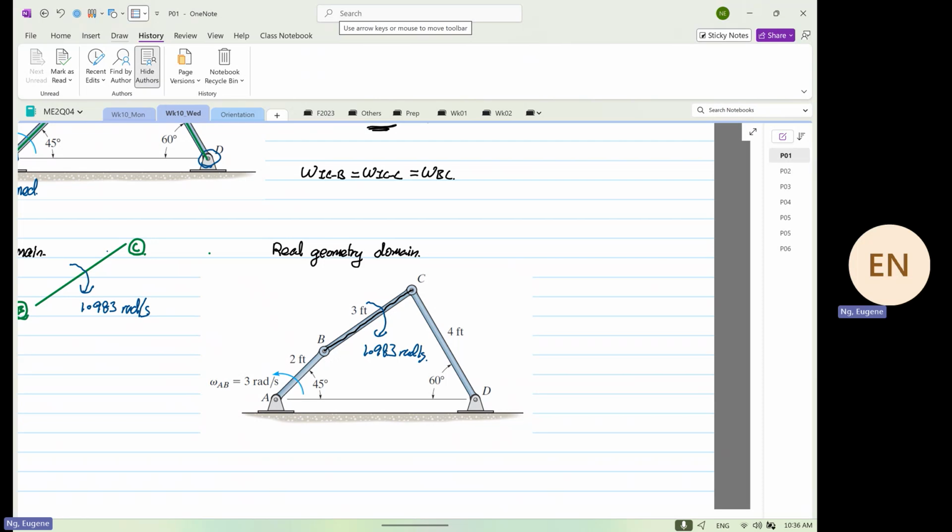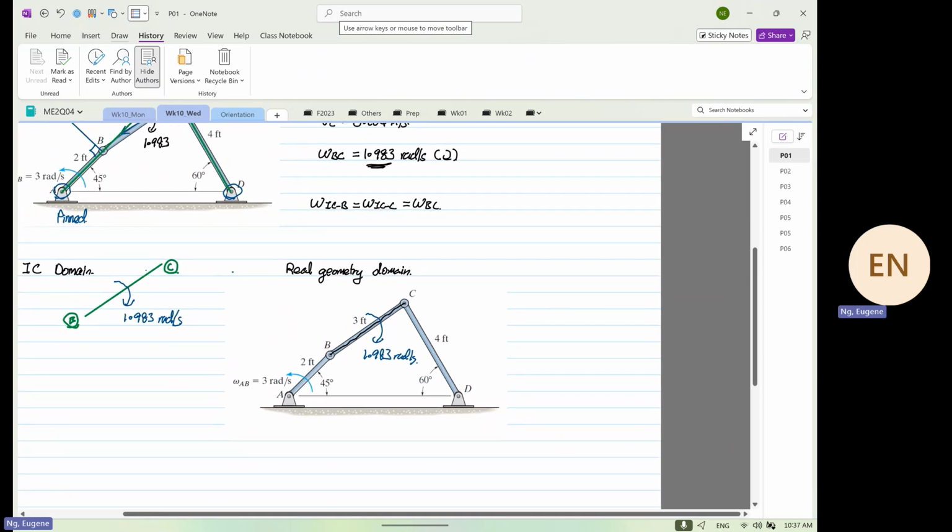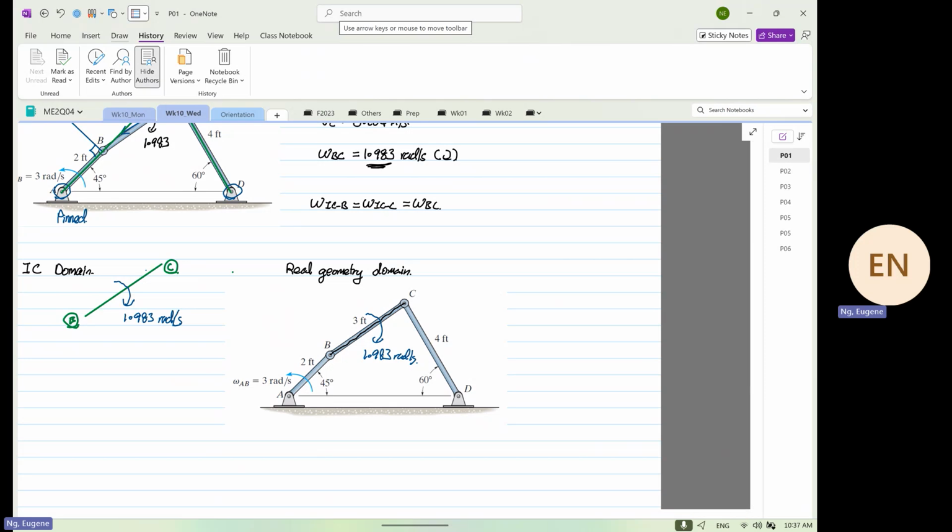In the real domain, BC is also rotating in that direction at 1.983 radians per second. Prove it. BC in the IC domain and BC in the real domain share the same geometry, they share the same orientation. So the next thing that you ask, prove it.